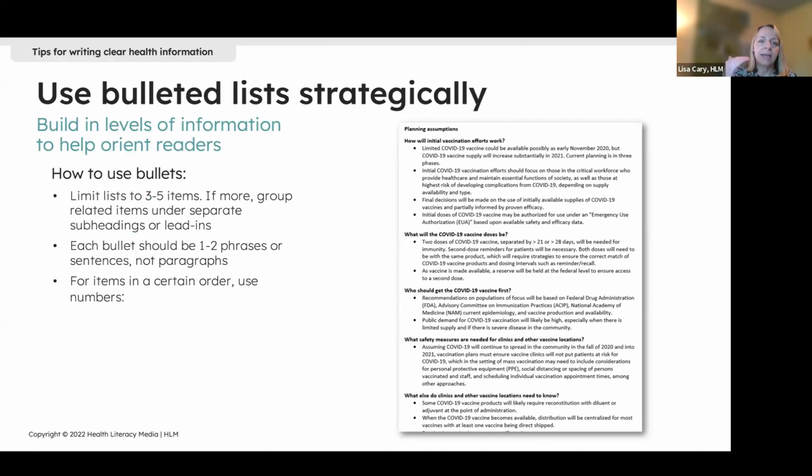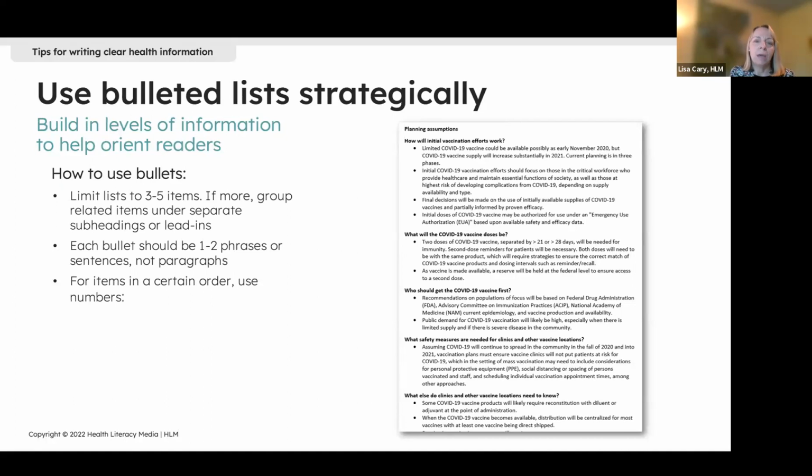And doing this again helps the readers skim through to read the headings and see the information that they really want. So we would say that you should limit lists to 3 to 5 items. And then again, if you have more, group them under separate subheadings or lead-in statements.